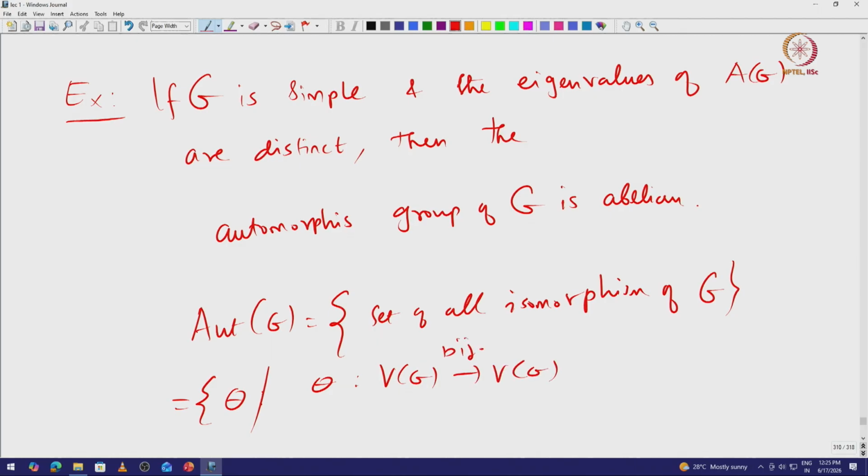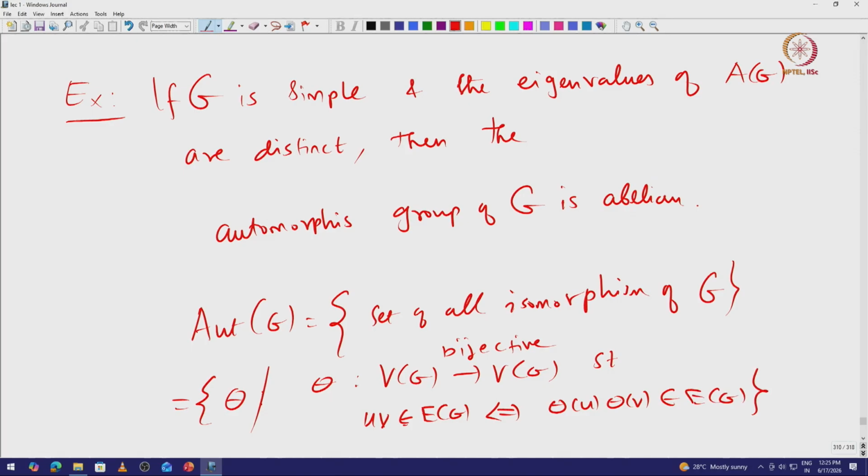It is a bijective map such that, since the graph is simple, as I said before, the edges are determined by the endpoints of the given edge. So, if u and v are adjacent, if and only if theta(u) and theta(v) are adjacent inside your graph.